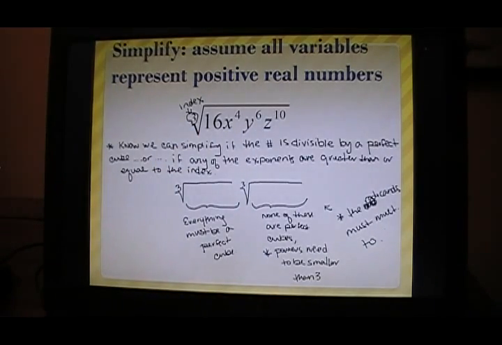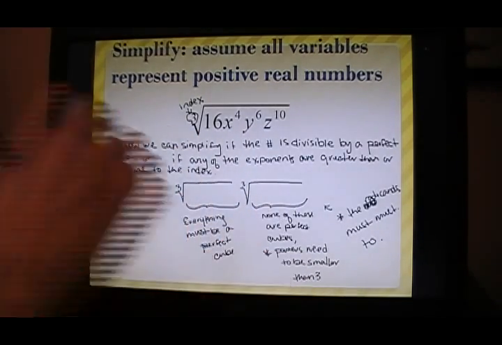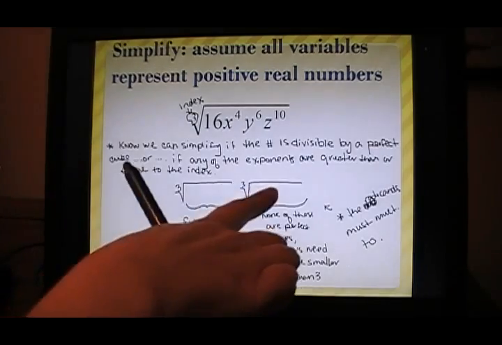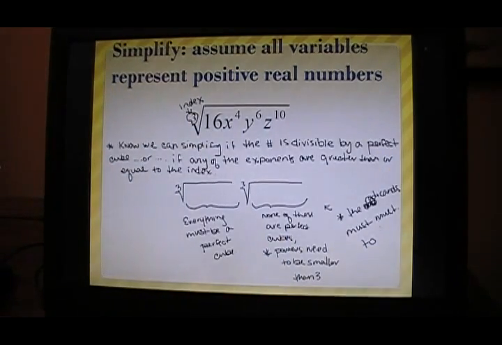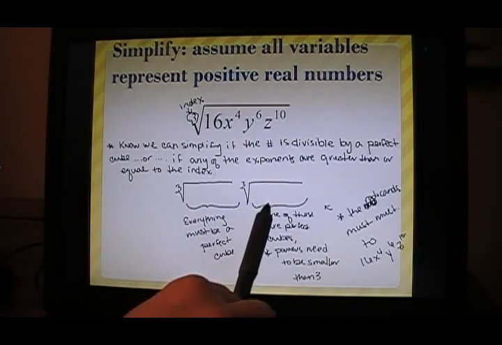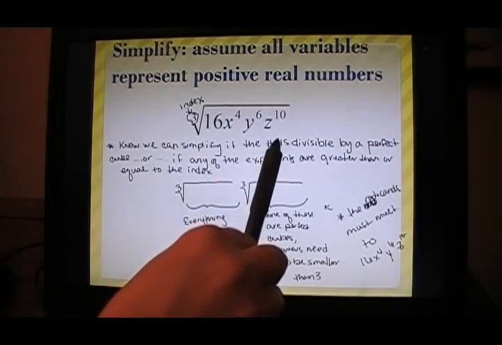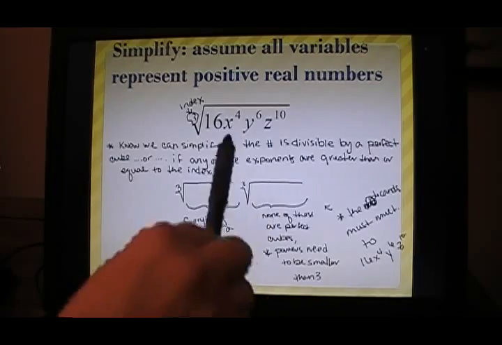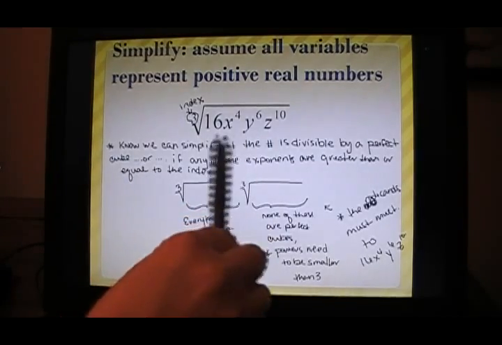So when we multiply these two together, the product of these two has to be 16 x to the 4th, y to the 6th, z to the 10th. Okay? So when you're working on simplifying radical expressions, all of these things have to come into play. So these two expressions have to multiply to this.